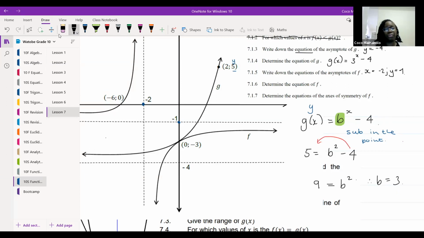Yes, Patu. Ma'am, if we have a hyperbola and the two parts are not mirroring each other, then do we have two equations for x and y? No. In a hyperbola, they will always mirror each other.